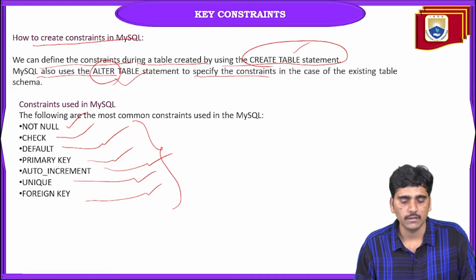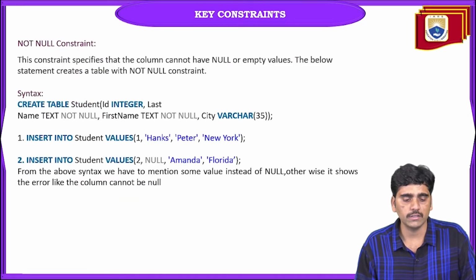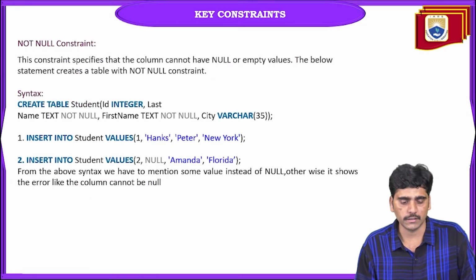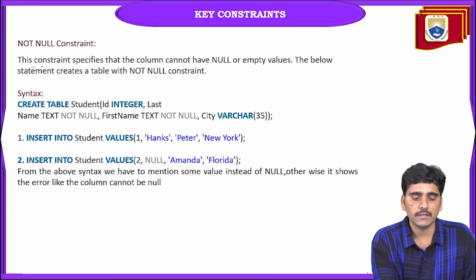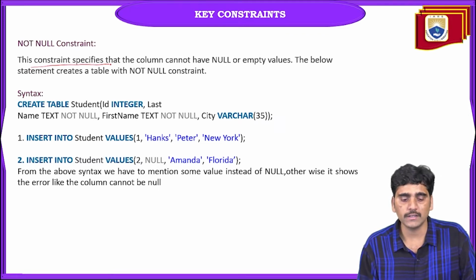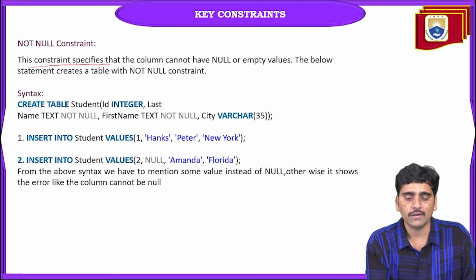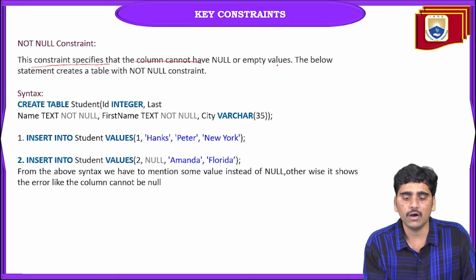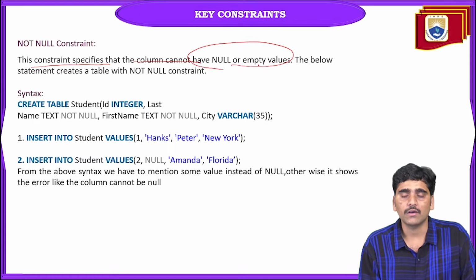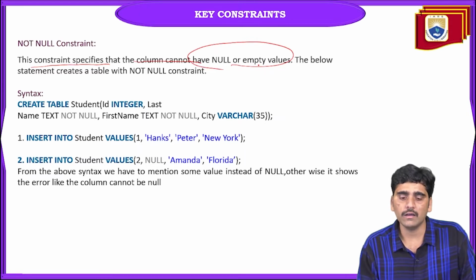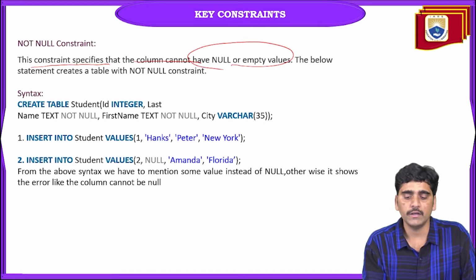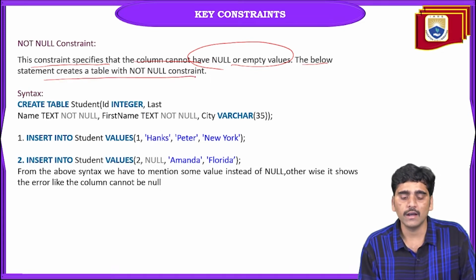The first one is the not null constraint. This constraint specifies that the column cannot have null or empty values. The below statement creates a table with a not null constraint.